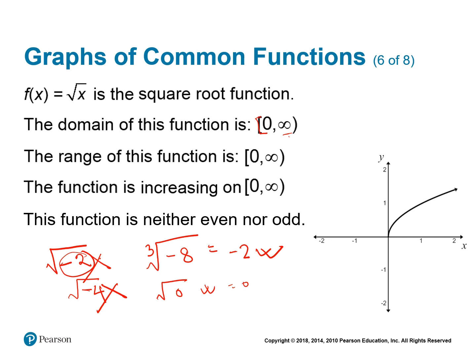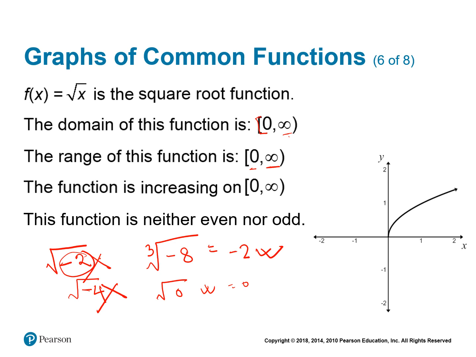The range of this function is also [0, infinity). It starts with 0, same as the domain, and can be any value all the way to infinity, depending on how high the x value is.